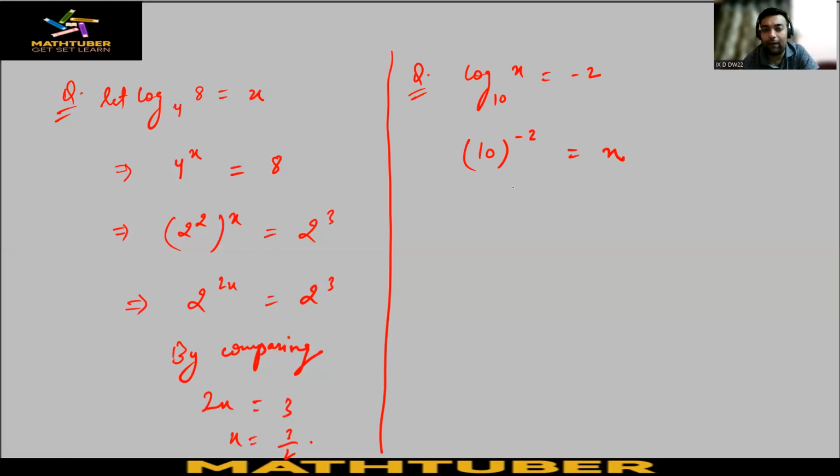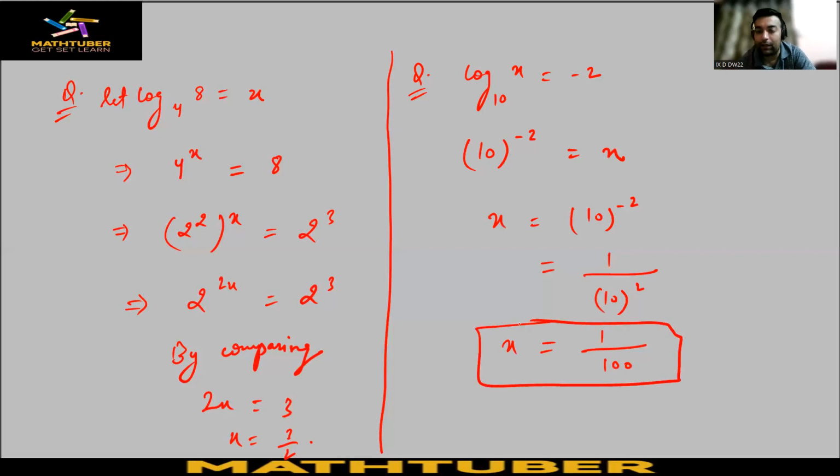So now we just have to solve it. X will be equal to 10 raised to power -2. And if you want to convert it into positive powers, it will be 1 upon 10 raised to power 2. We have to reciprocal it, and this will be 1 upon 100. So the value of x will be 1 upon 100 here, right?